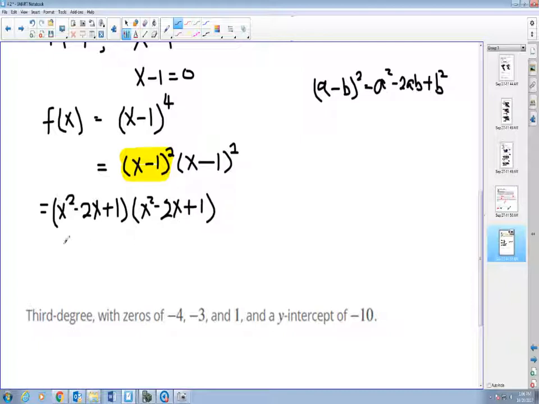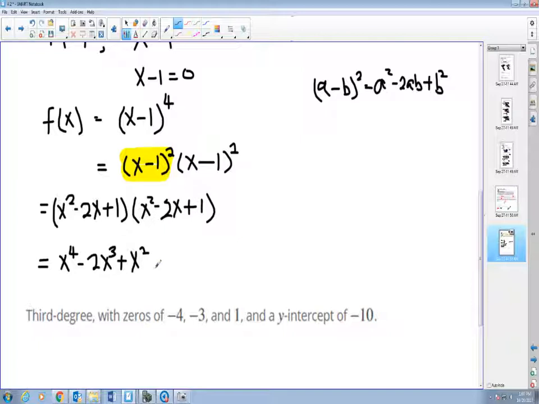Alright, I'm not quite done yet because I still got one more multiplication to do. So now I'm going to multiply my polynomial out. x squared times x squared, negative 2x, positive 1. That should give me x to the 4th minus 2x to the 3rd plus x squared. Alright, negative 2x, do a distribution.